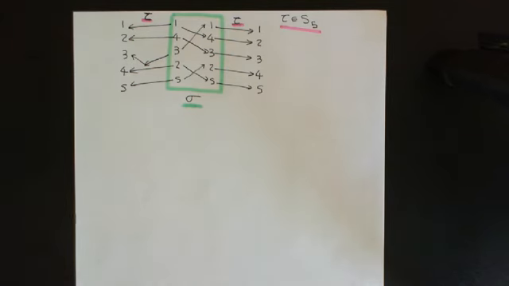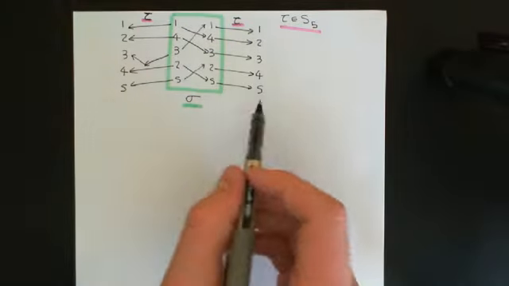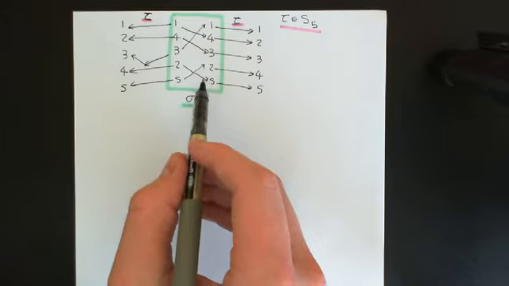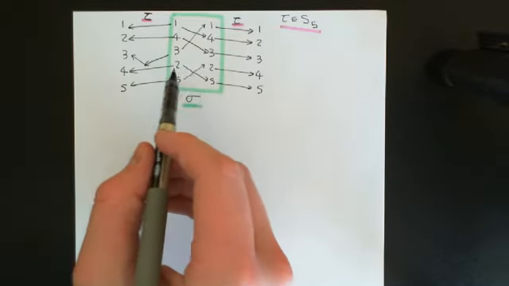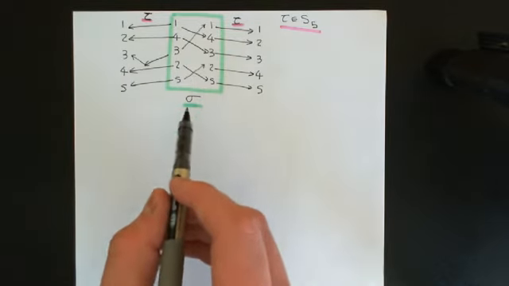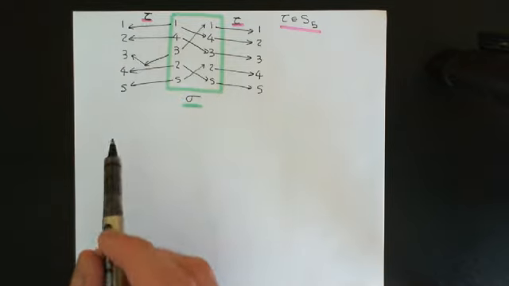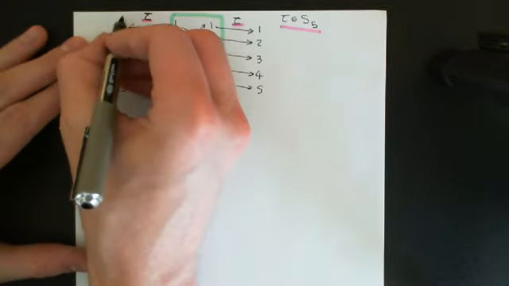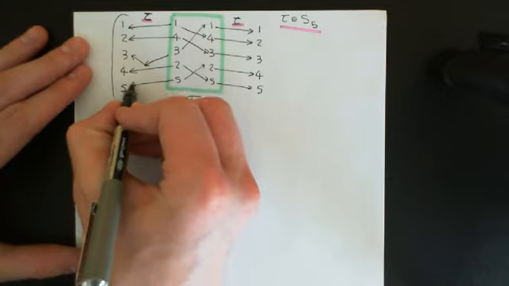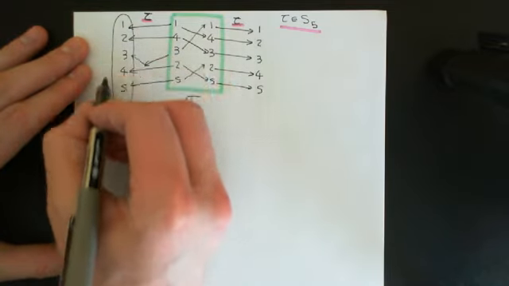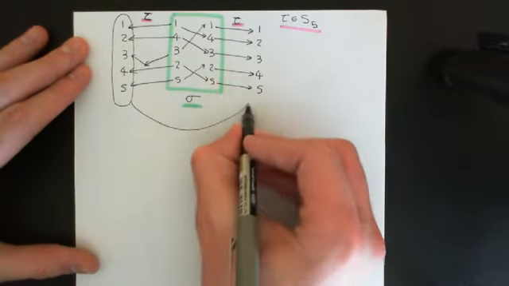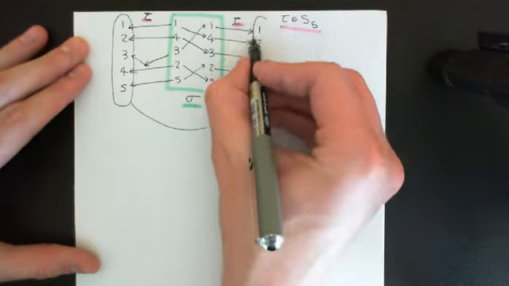Now let's ask the question. The new set permutation that we create once we have relabeled the elements of the domain and codomain in this way, what is it actually going to be equal to in terms of tau and sigma? Well, the new set permutation is going to be the set permutation that maps this set here all the way over here, and I hope you can understand that.